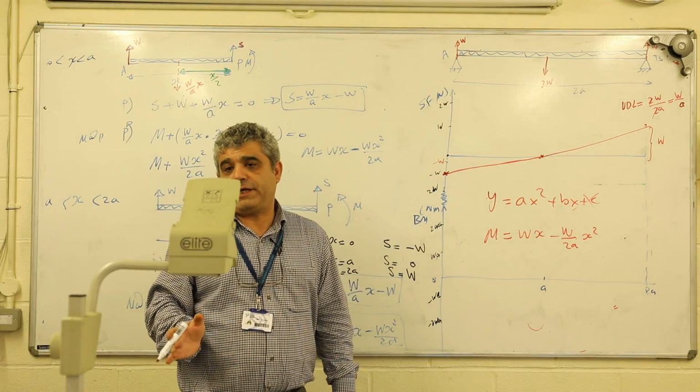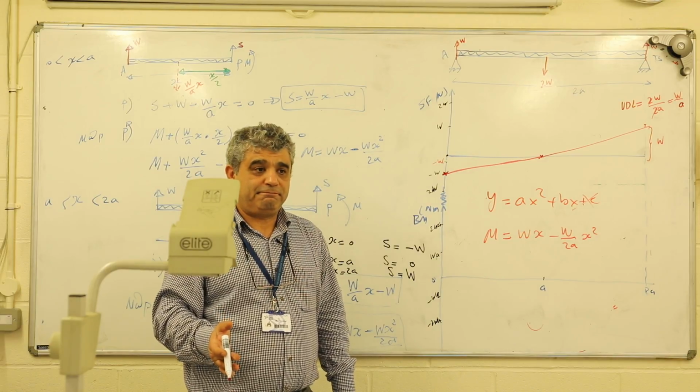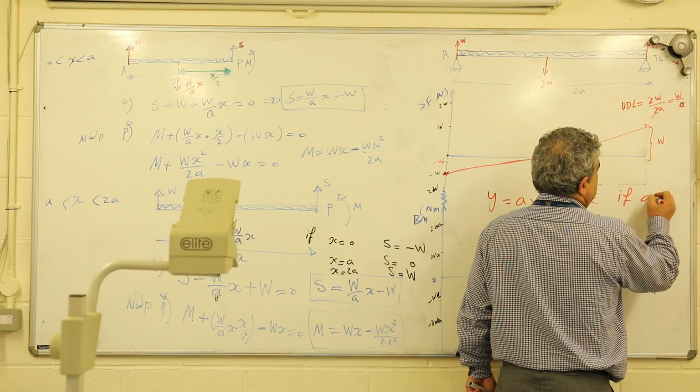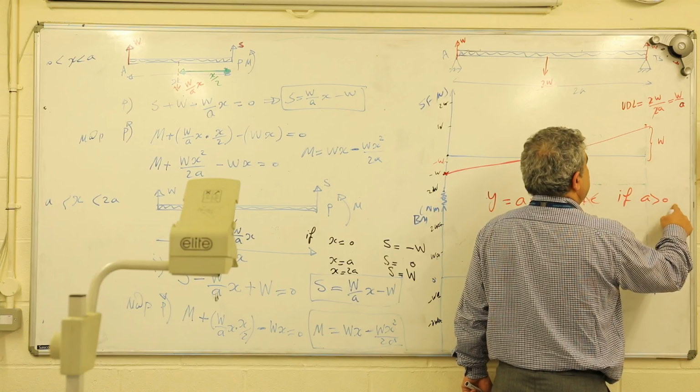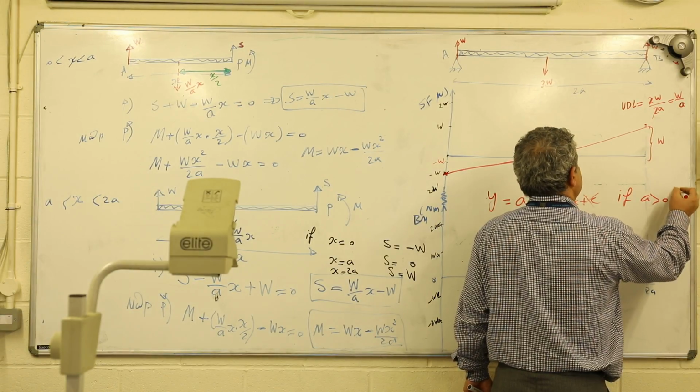A quadratic equation is going to be a curve. Is it a maximum or minimum? Minimum. If a is bigger than 0, the curve is always a minimum.